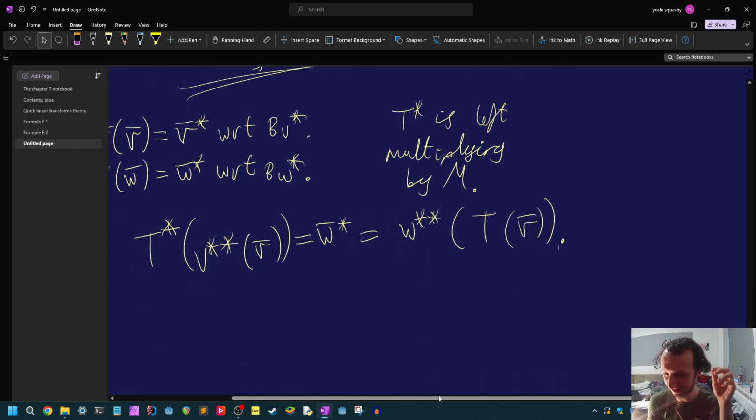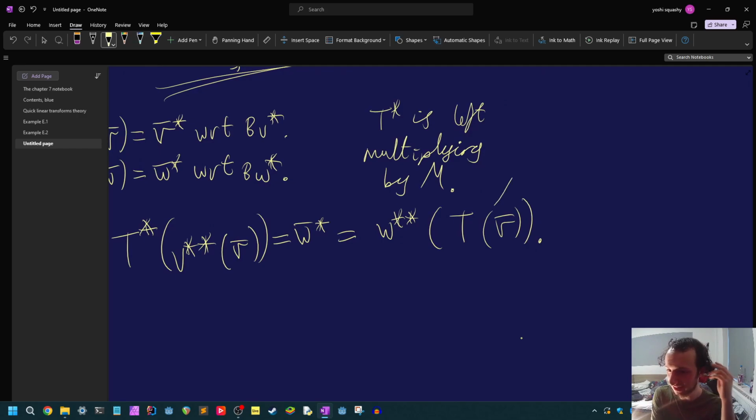It's a little complex, but T of V is going to output from V some W, which is with respect to BW, and then by using this function we've just defined, we're going to get some W star with respect to BW star.